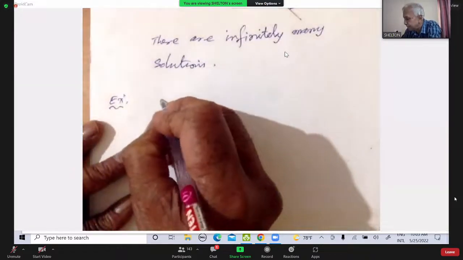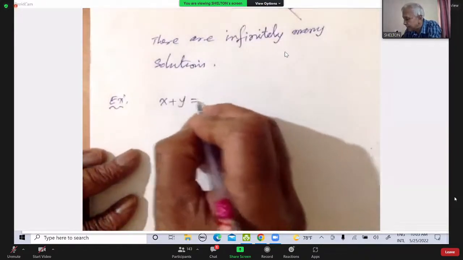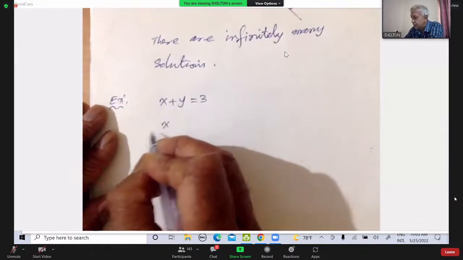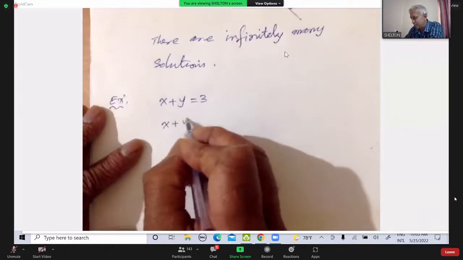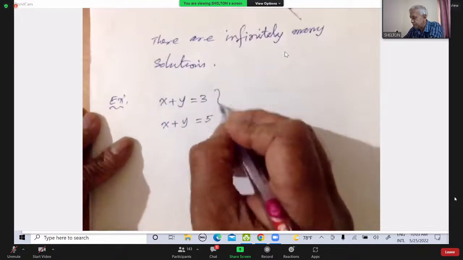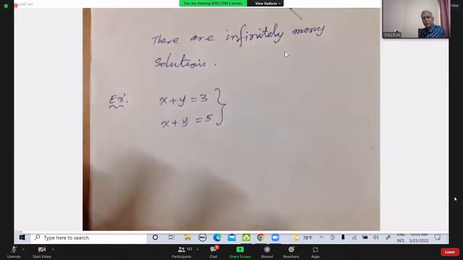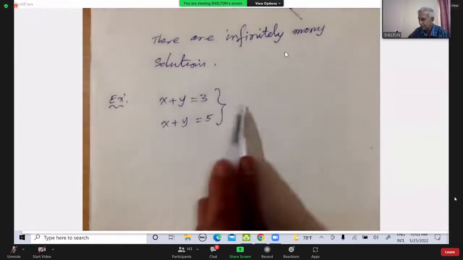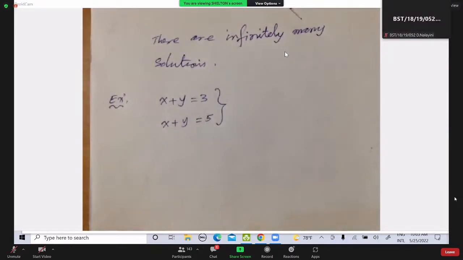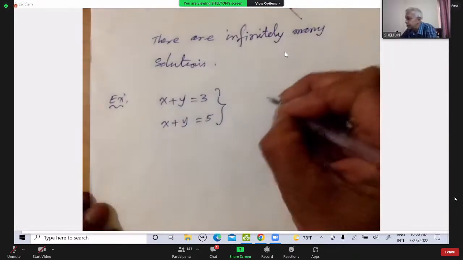I'll make x plus y equals 3 and x plus y equals 5. How many equations are there? 2 equations in 2 unknowns, no?